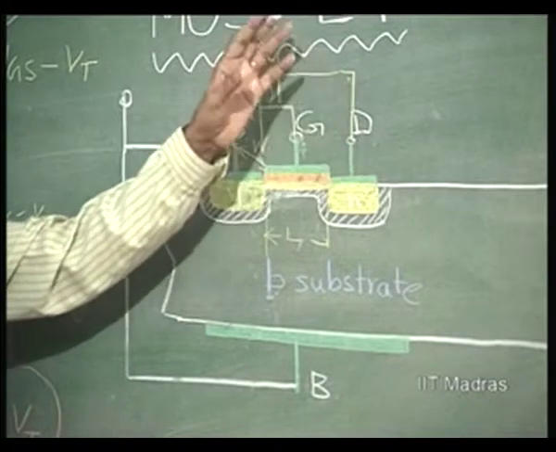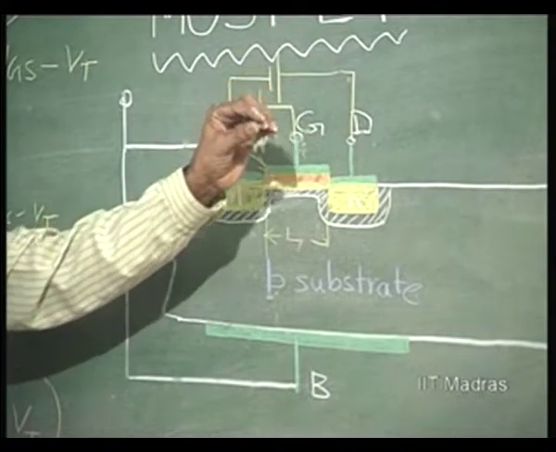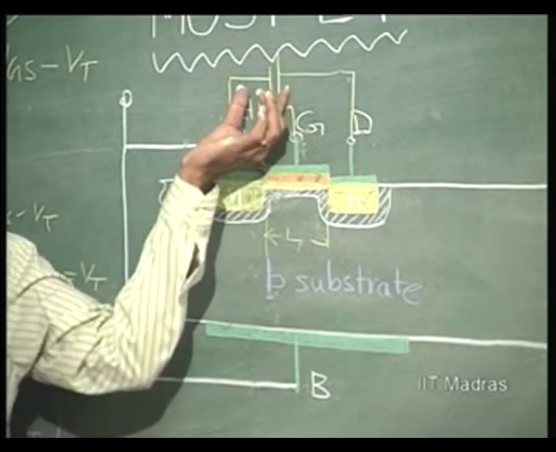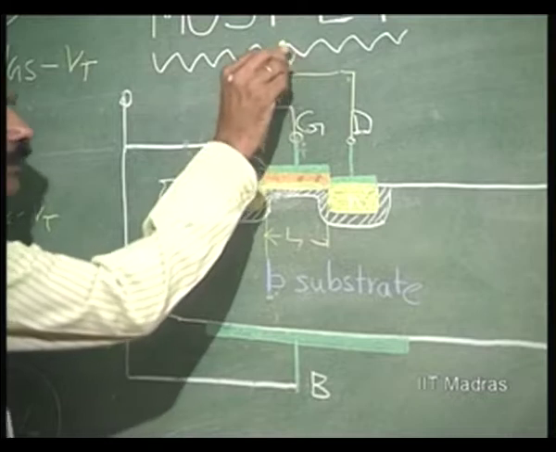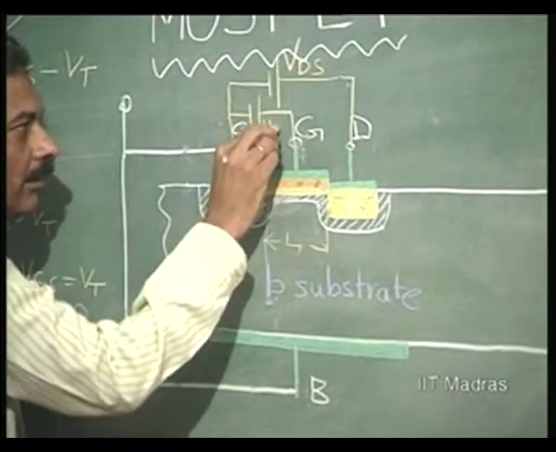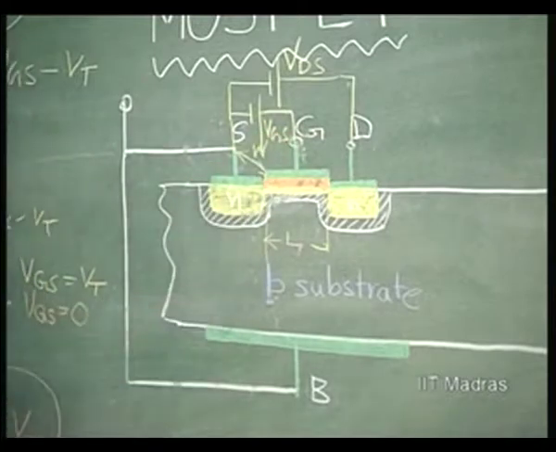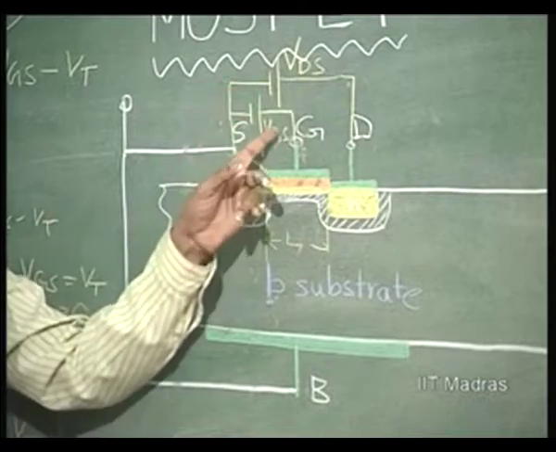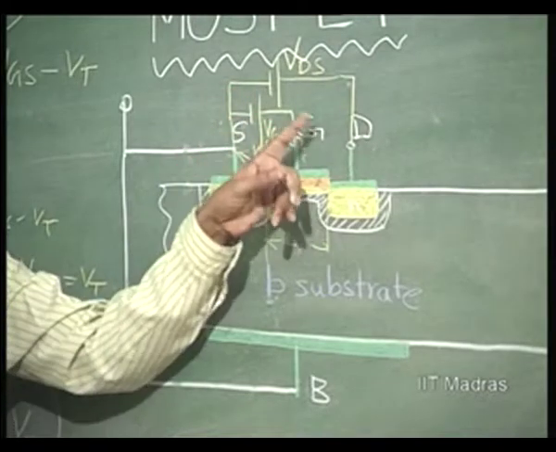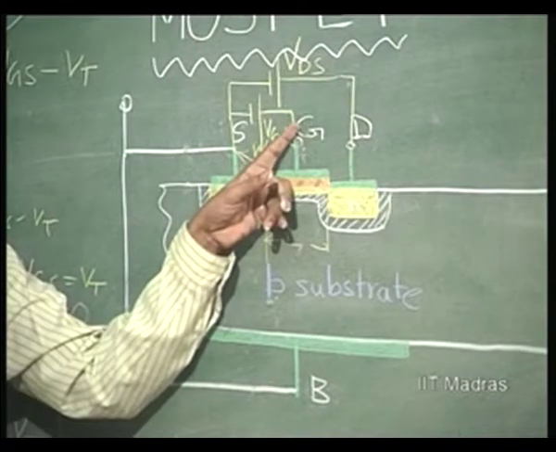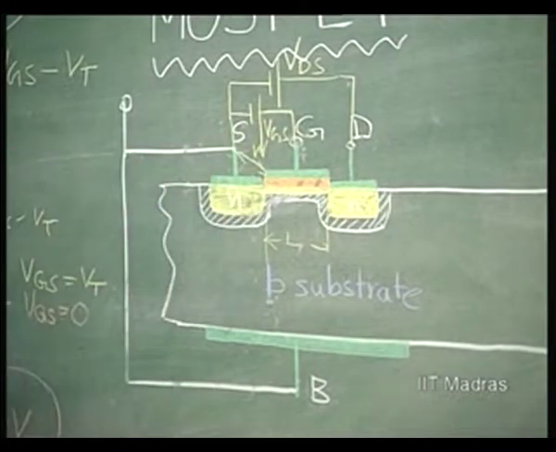It should decrease. At the drain end, it will start decreasing as I start increasing my value of VDS, because this VDS is opposing VGS in forming the net VDG, right, the channel width will decrease.